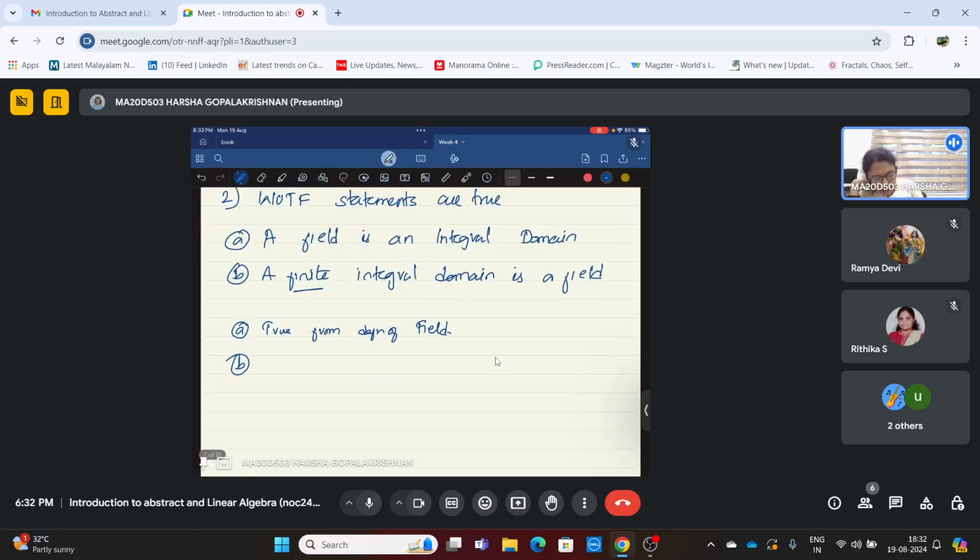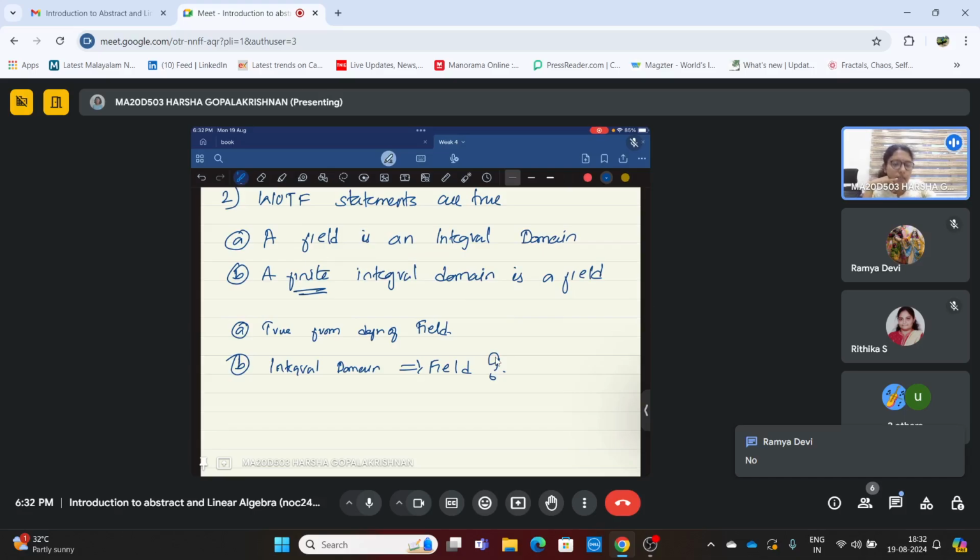If the answer is no, what is the counterexample? Every integral domain need not be a field. So we should have an integral domain which is not a field. Can anyone tell such an integral domain?